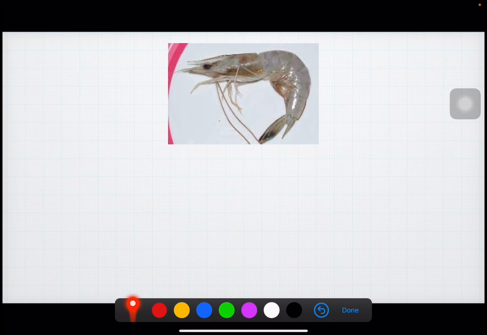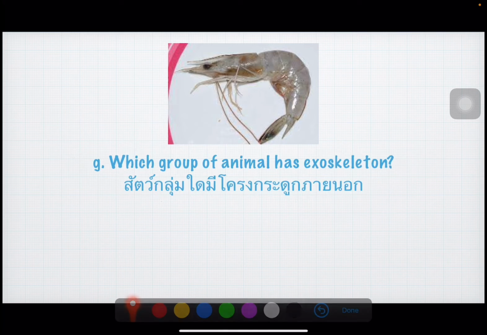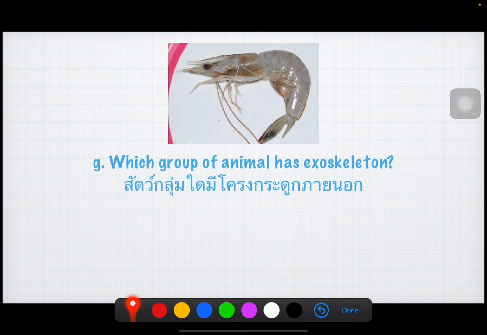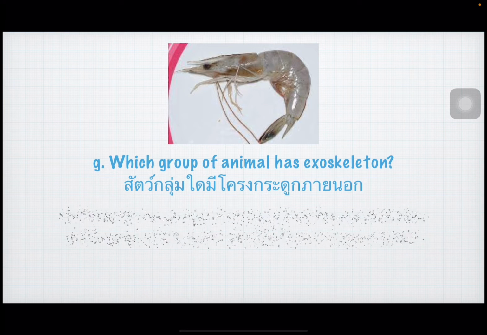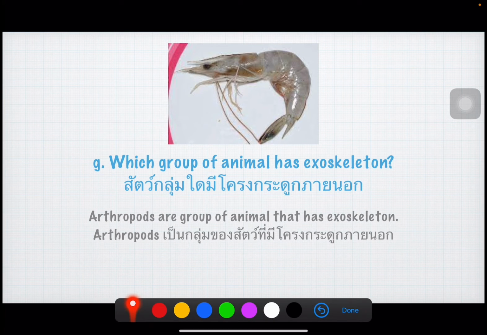Next, what do you see in the picture? Alright, this is an example of arthropods. Which group of animals has an exoskeleton? Arthropods are a group of animals that have an exoskeleton.